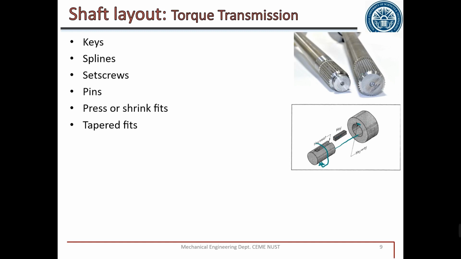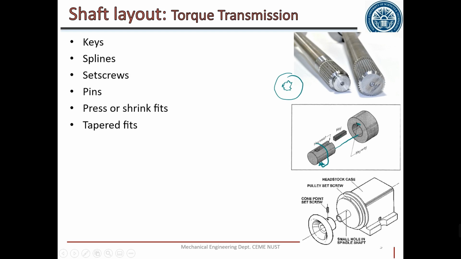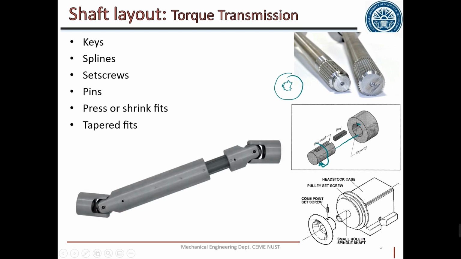Spline is the same way. It has the same function. It is an external groove on the shaft, and similarly on the hub we have similar internal grooves, and these grooves fit into each other. So while the shaft rotates, it rotates the hub or gear with itself. Similarly, we have set screws.